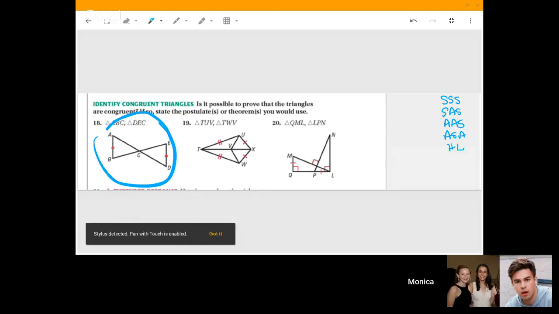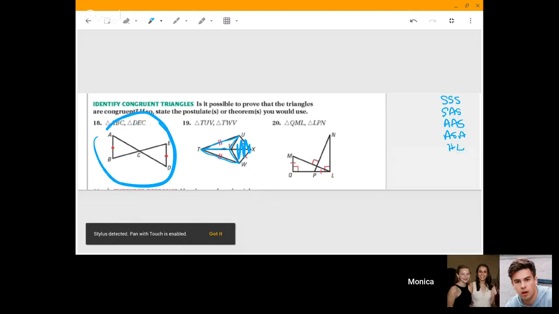You good on that one? Okay. So now for number 19, triangle TUV and triangle TWV. So TUV is this triangle, and TWV is this one, okay?